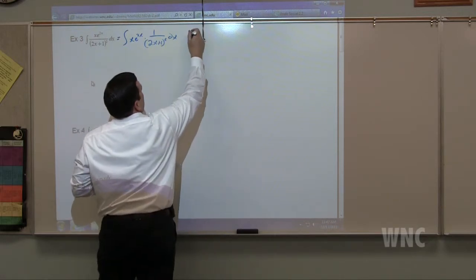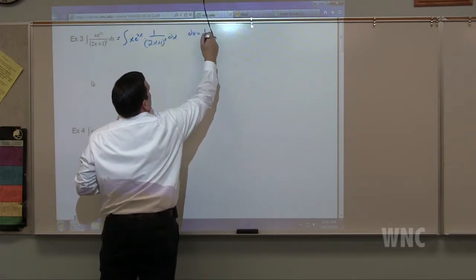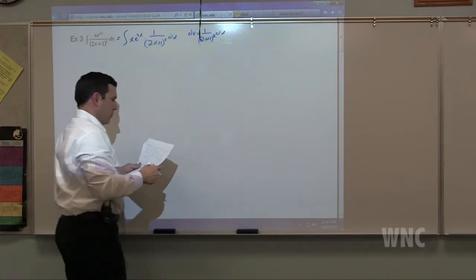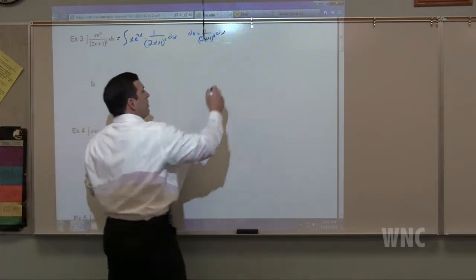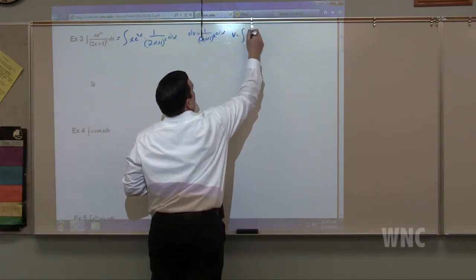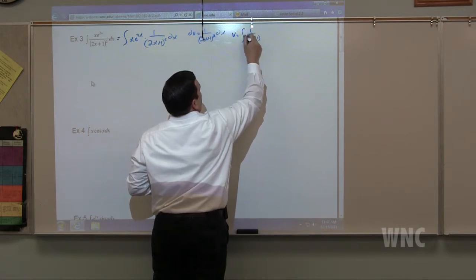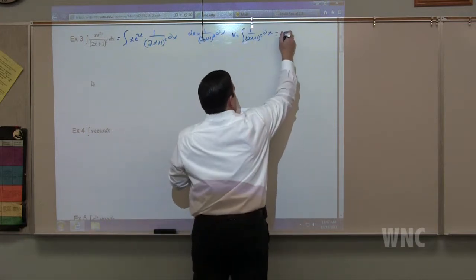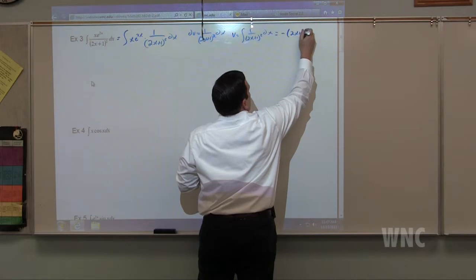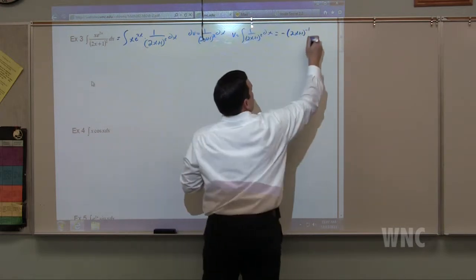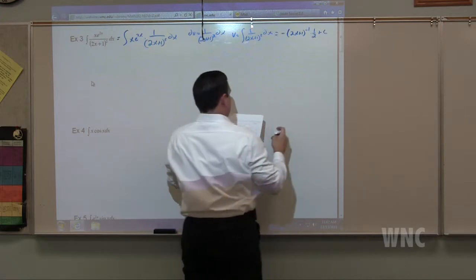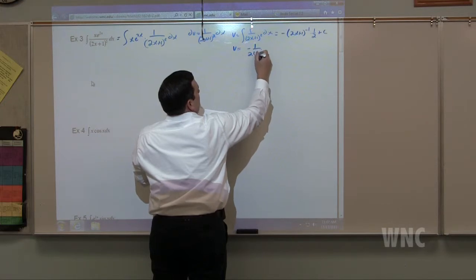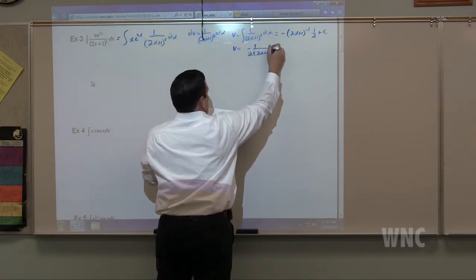If we identify our dv as 1 over 2x plus 1 squared dx, then v is the integral of 1 over 2x plus 1 squared dx. That's going to be negative 2x plus 1 to the negative 1 times 1/2 plus c, so that our v is negative 1 over 2 times the quantity 2x plus 1, plus c.